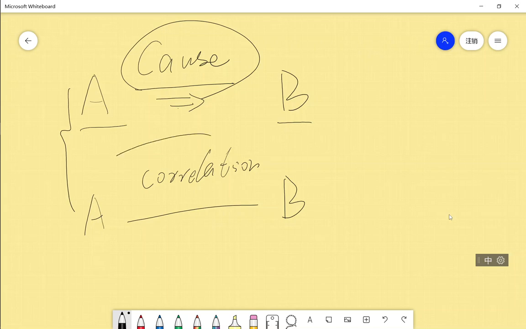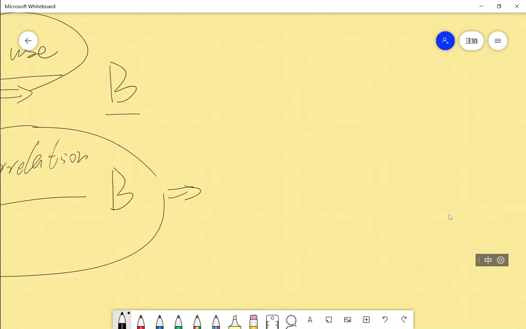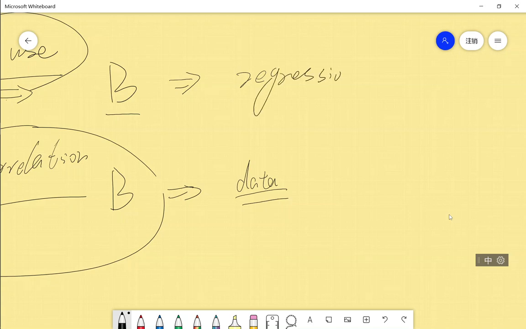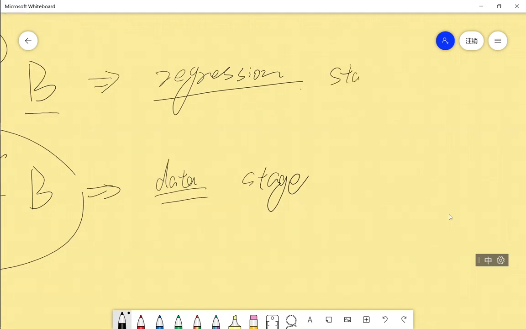This is most likely during data collection or data pre-processing rather than the regression stage. So this is the data stage, and this is more likely during the regression stage. Let me just add a label to indicate these two different stages here.